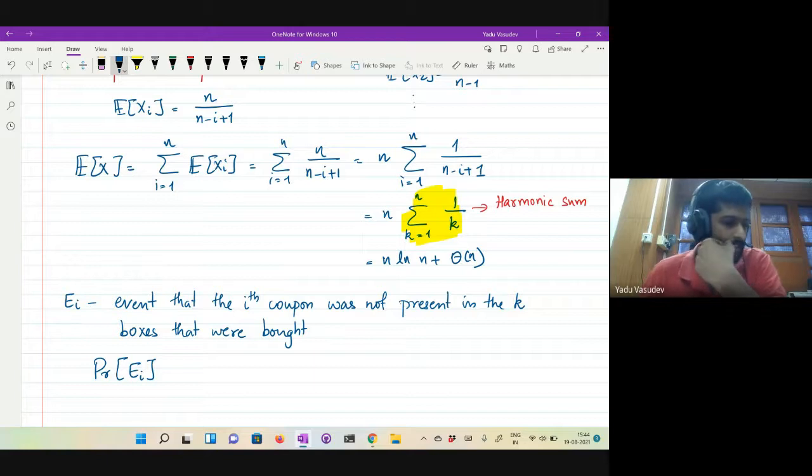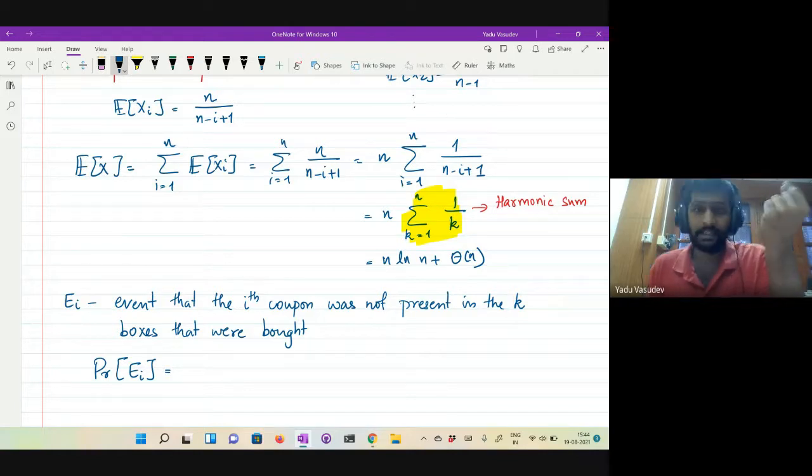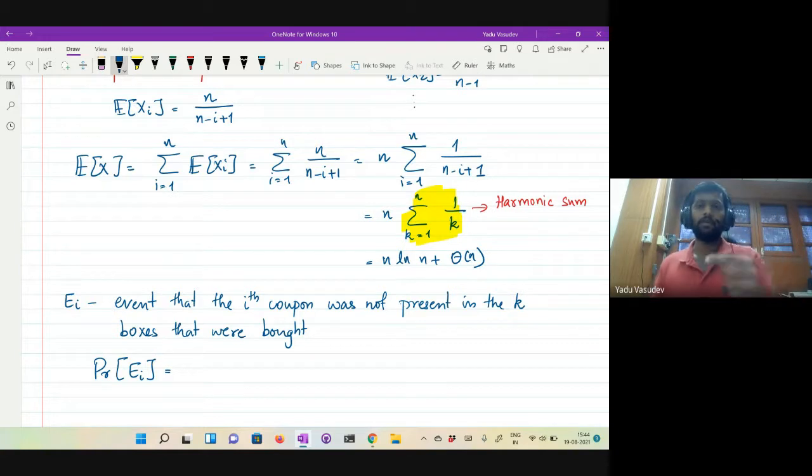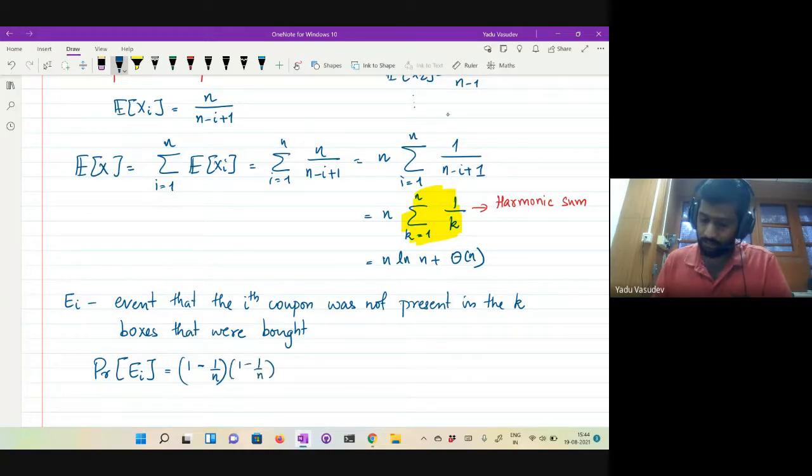Correct. Yeah, Sarthak and Shrikant. What do you want to show? So what is the probability that the first box did not contain this coupon? The probability that this coupon was picked in that sample was 1 over n. So the probability that it was not chosen is 1 minus 1 over n. And you just do this for all the k different boxes.